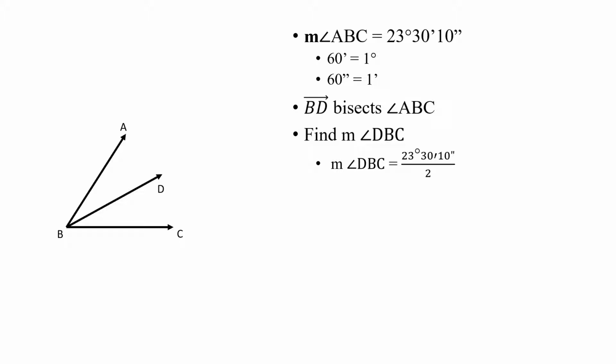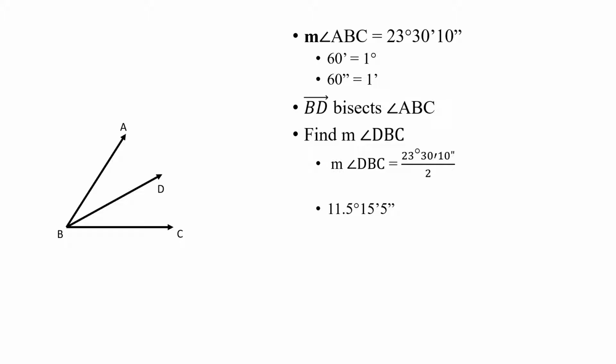So here, this is just what I already said. The measure of angle DBC is equal to 23 degrees plus 30 minutes plus 10 seconds, divided by 2. Now, if we divide the degrees, the minutes, and the seconds by 2, what we get is 11 and a half degrees, 15 minutes, and 5 seconds.